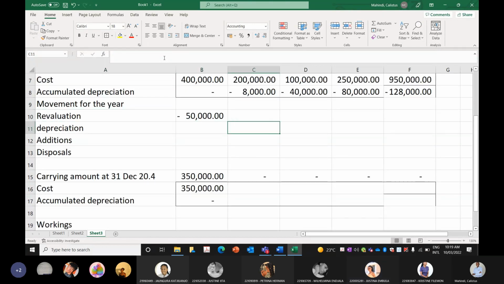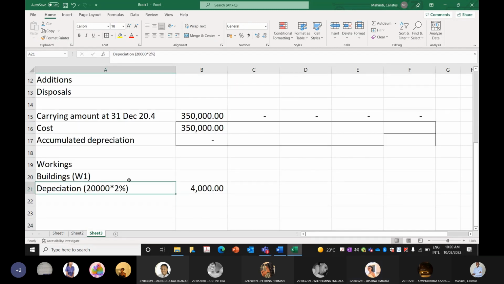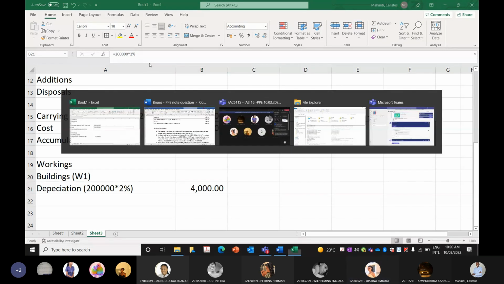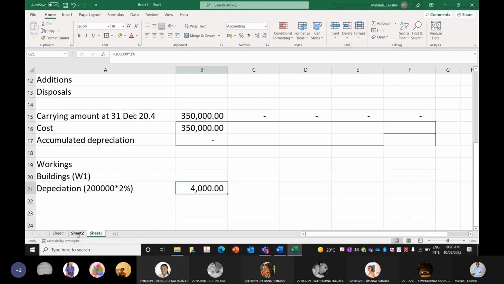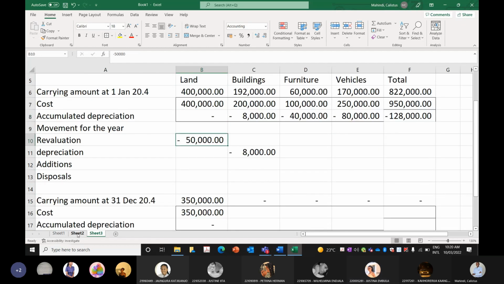So depreciation for buildings is 8,000. And we know that depreciation is subtracted, right? We're subtracting it from the carrying amount. Is it 4,000? It's 4,000, sir. Okay, so this is supposed to be 200,000. 200,000 times 2% is 4,000. Yeah, it is 4,000. It's correct. So the amount is 4,000, not 8,000. Sorry. So that is 4,000 depreciation for the year.